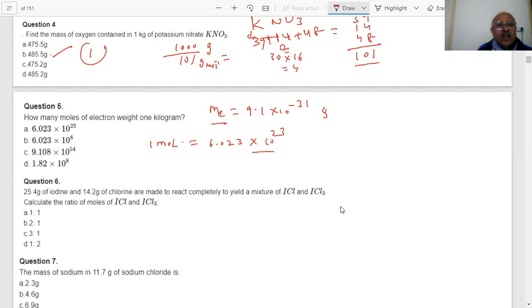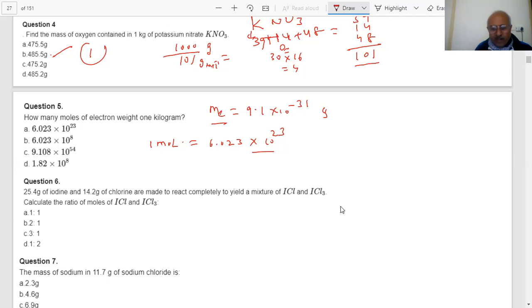So if I have 1 kilogram, then what will it be? 6.023 into 10 power 23. What will be the weight of that? Multiply with the mass of an electron and do the calculation. What answer is coming? Sir, D part. Okay.